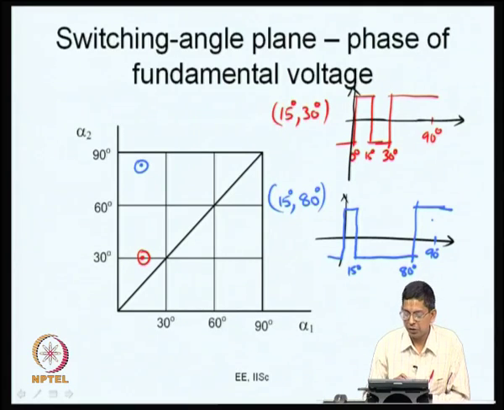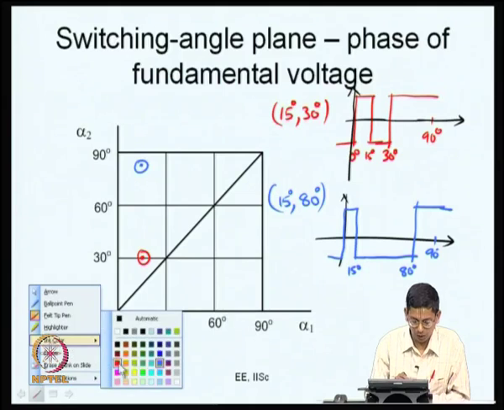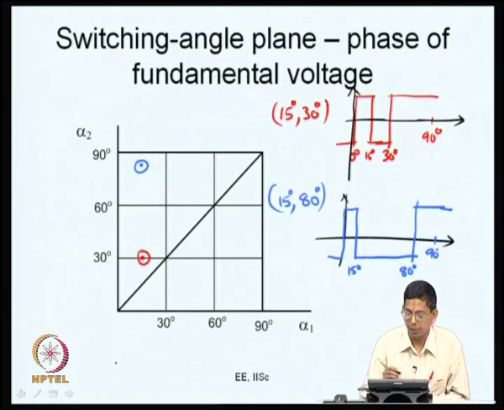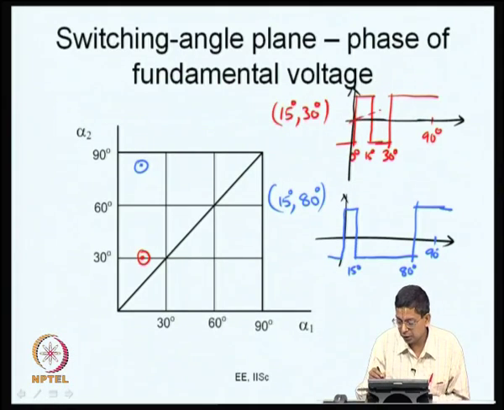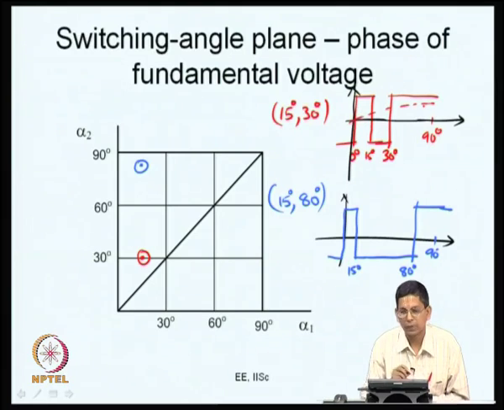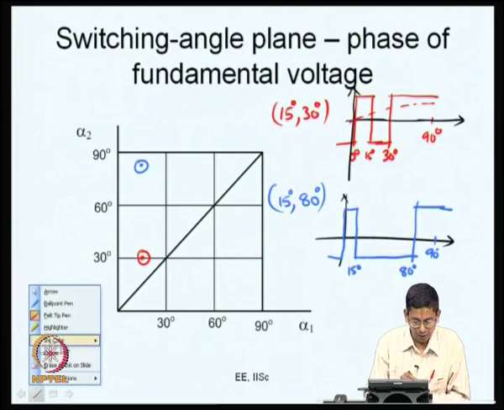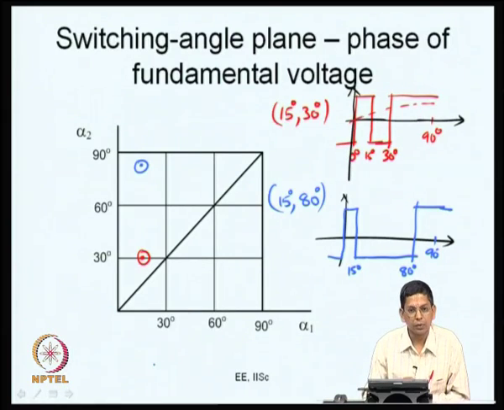What is the striking feature here? If you look at the fundamental component in the red waveform, the fundamental component is likely to be like this. It will have a 0 crossing here, but it will have a positive phase, it will be in phase with this now. On the other hand, if you consider this blue waveform, you see in the so called positive half cycle, in 1/4 of the positive half cycle, it is negative more often.